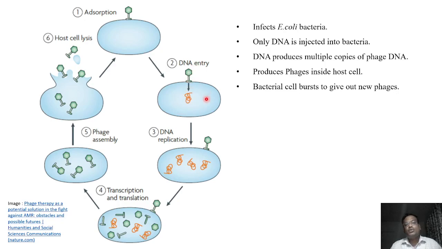So what we have to do is insert the gene of our interest in the phage DNA, right? Once we insert that gene into the phage DNA, the phage itself is going to deliver that gene into the bacterial cell. In this way, the phage DNA can be used as a vector, as a tool of transfer of the desired gene into the bacterial cell.